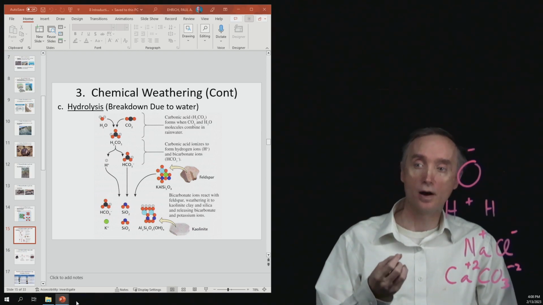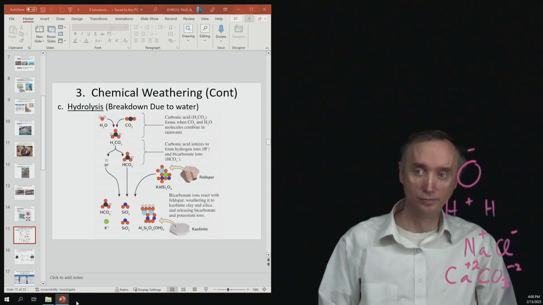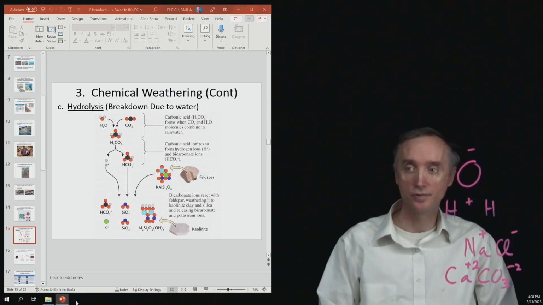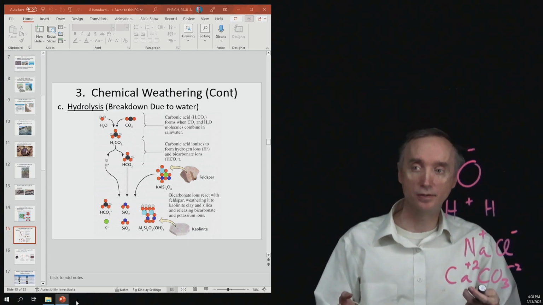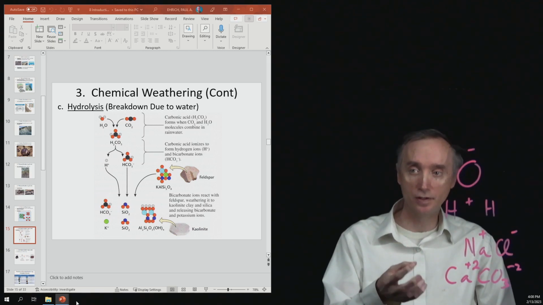And you can also see that potassium is pulled out of the feldspar. All of this gets into groundwater. So the bicarbonate and the potassium dissolve in the groundwater and can be carried off.